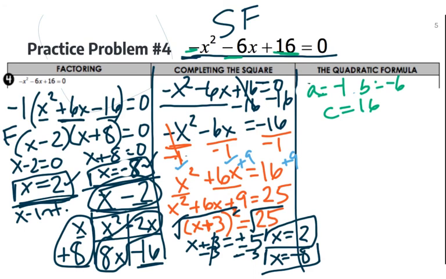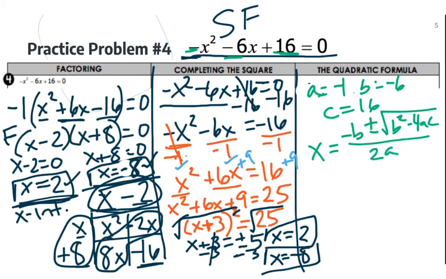All right, so now I have x equals -b plus or minus the square root of the discriminant, which is b squared minus 4ac, divided by 2a. Now every time I see a, I'm going to erase that and replace it with a -1. So this was -4 times a -1.